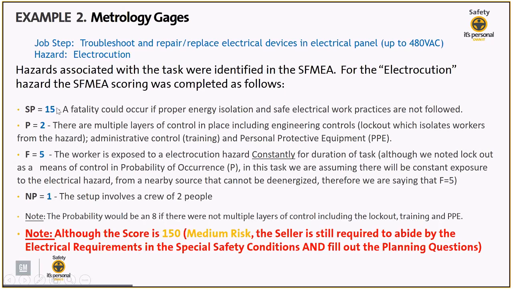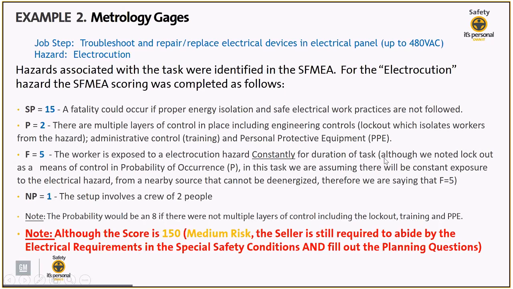Probability of occurrence in this example is a 2 because there are multiple layers of control in place, including engineering controls such as lockout, which isolates workers from the hazard, and administrative controls such as training and PPE. Frequency of exposure in this example, we said it was a 5. We said the worker is exposed to an electrocution hazard constantly for the duration of the task.